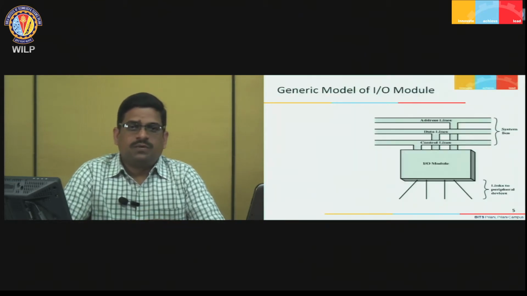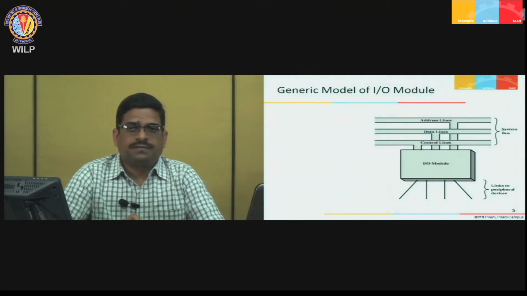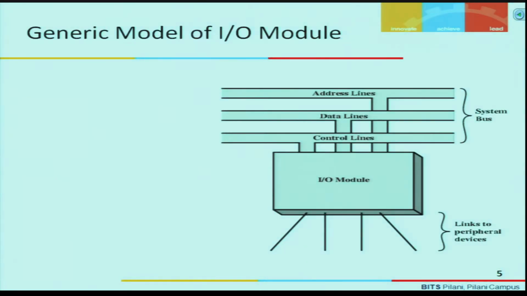Now look at what a generic model of an IO module looks like. Right now I'm not mentioning anything about what is inside, but how it interfaces to the system, meaning the processor and the memory. It is connected to the processor and memory via the system bus.